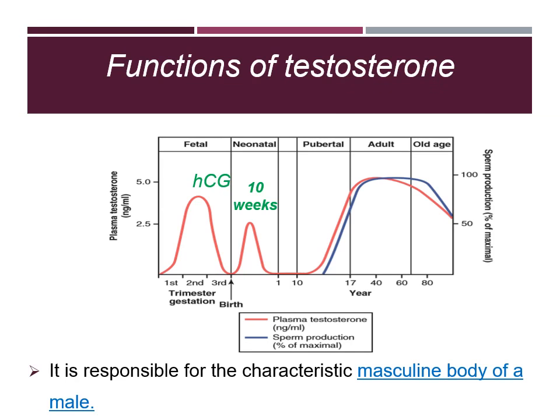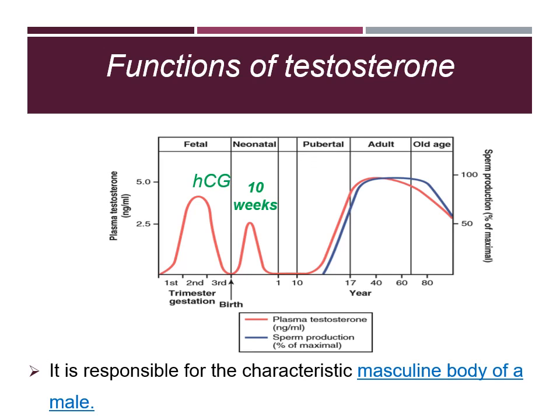Testosterone is not only secreted after puberty in adult males to induce spermatogenesis to produce sperms or to enhance the appearance of the male characteristics. But also testosterone is secreted in the fetal and neonatal life.